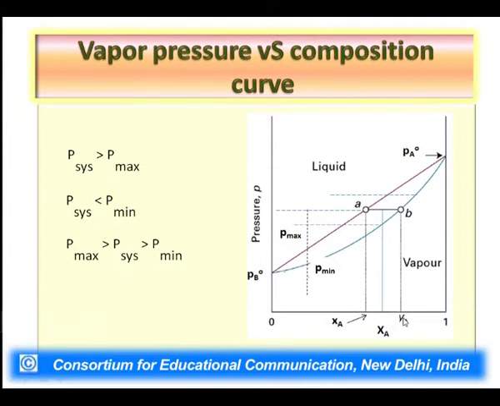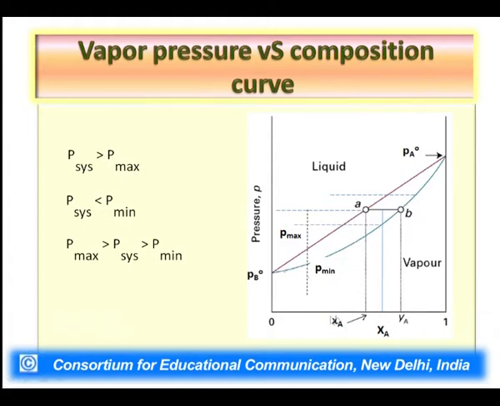The composition is represented between 0 and 1, that is, the amount fraction of component A or B. If we talk about the binary solution, then capital Xa represents the amount fraction of component A in the overall system.